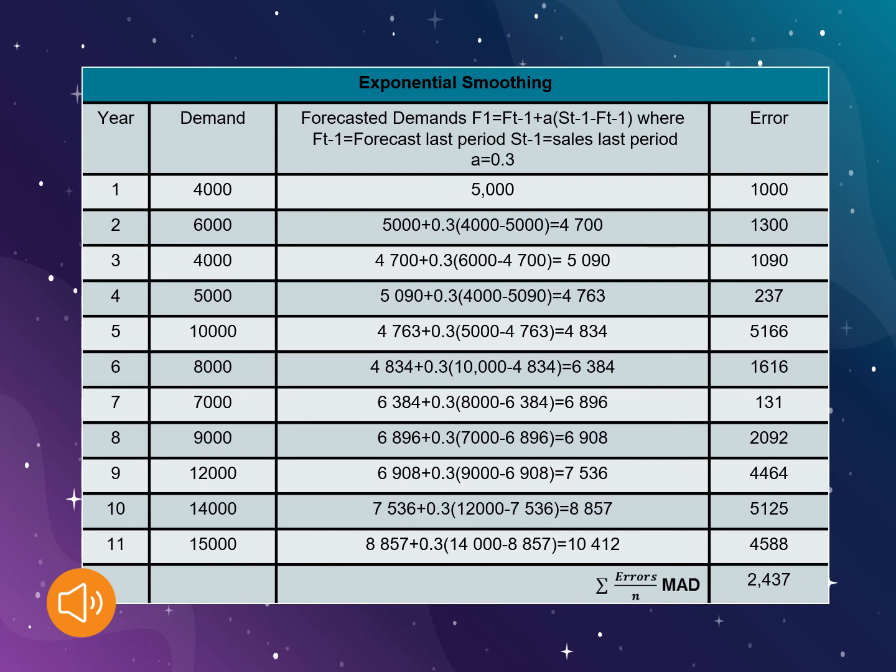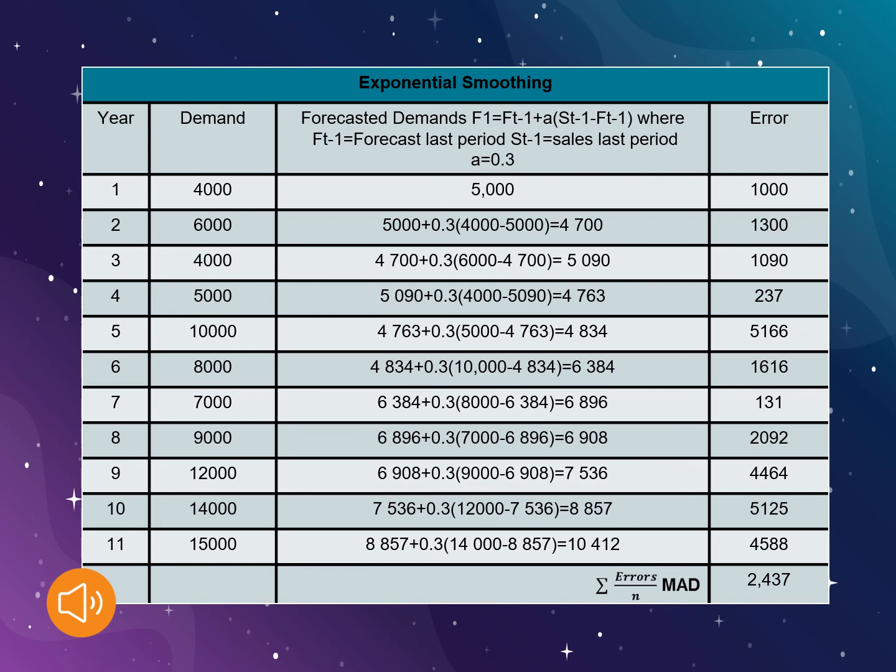So we're going to move to our MAD. Again, for our MAD, we simply add all the errors and then divide by how many data points we have gathered, which is 11, and we come up with 2.437.